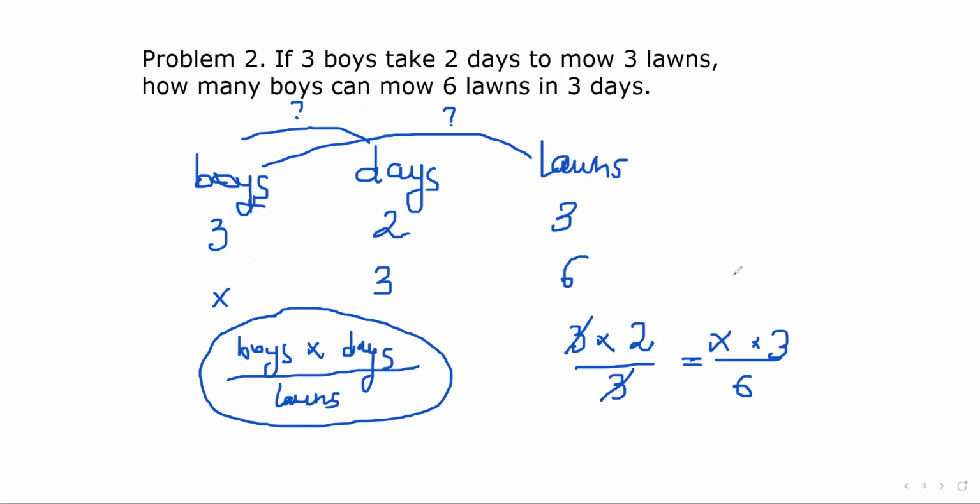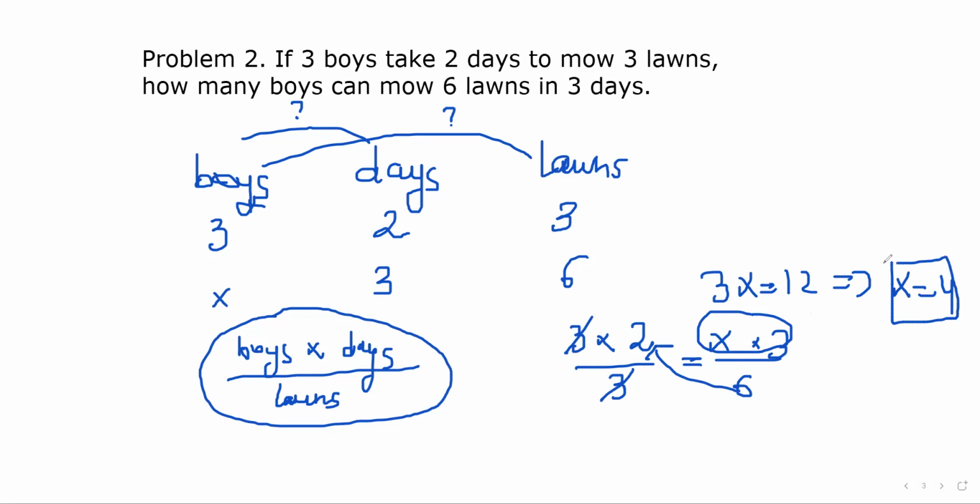So we have 3x equals 12. So from here we get x equals 4. How do we get 3x? Of course, 6 is multiplied by 2, 12. So we have x equals 4. So this is the answer to our question. So 4 boys will spend 3 days to mow 6 lawns.